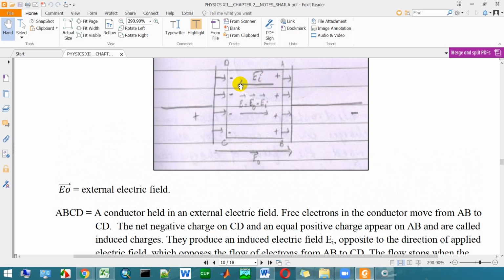The direction of the induced electric field is from positive to negative, so you have to be careful. The direction of the applied electric field is represented by E naught.